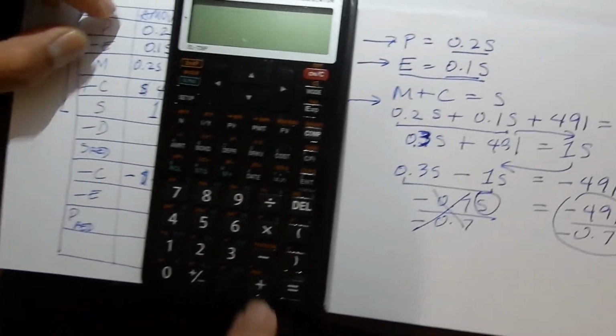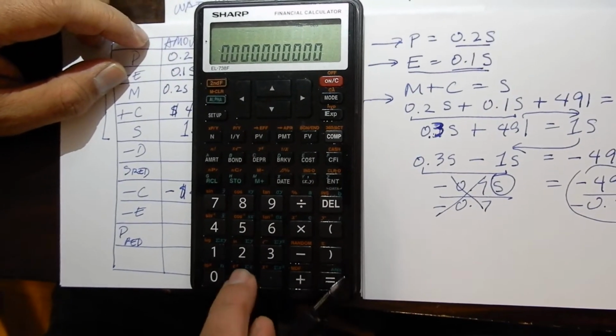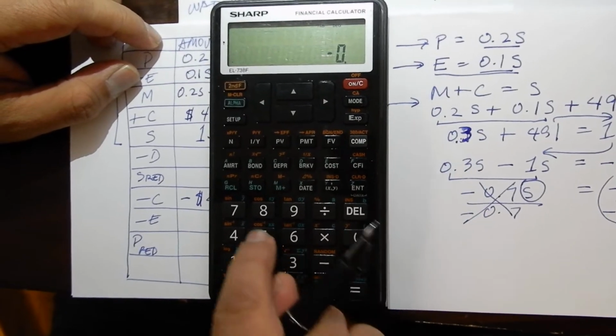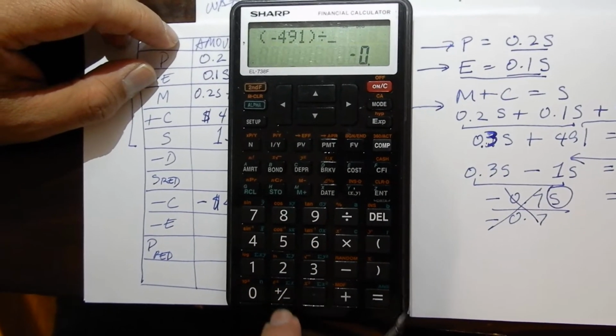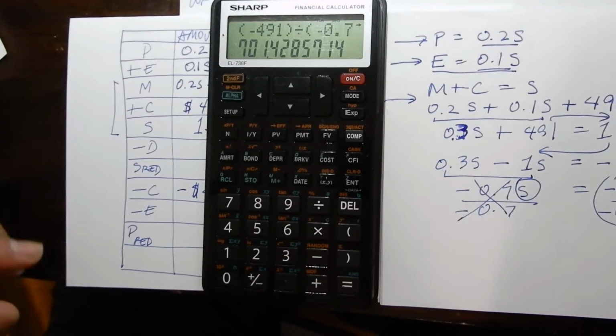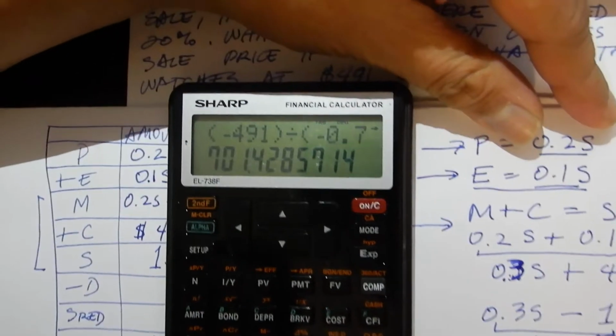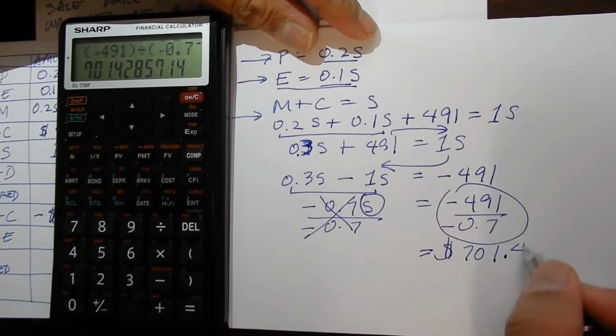Okay, turn that on. Press this to make it negative. This is going to be a negative number: 491 divided by negative 0.7, and I get 701.43.